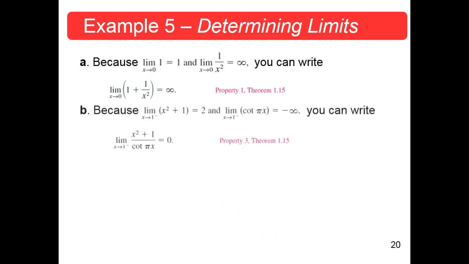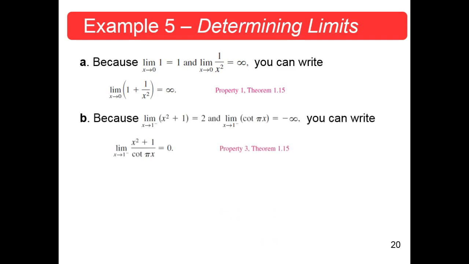Okay? The B one here, we're using, what is the limit as x approaches 1 from the negative side of x squared plus 1? Yeah, plug in a 1. That goes to 2. Now we're doing the limit as x approaches 1 from the negative side of cotangent pi x.